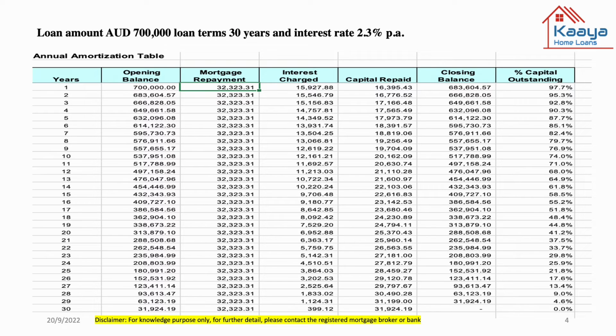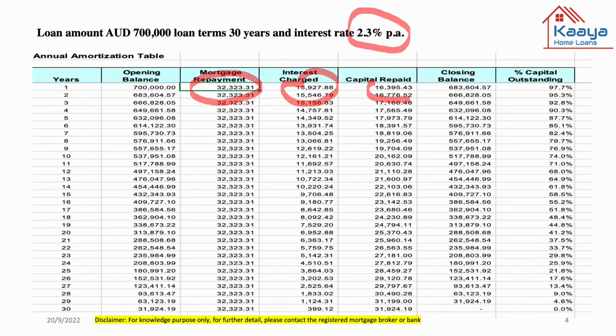But when the interest rate is 2.3%, which is not a high rise, just a comparatively little bit of a rise compared to the previous example, the repayment has increased from 30,000 to 32,000. Similarly, interest has also increased.